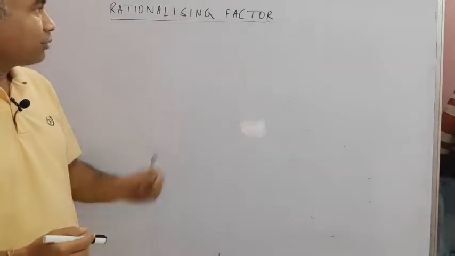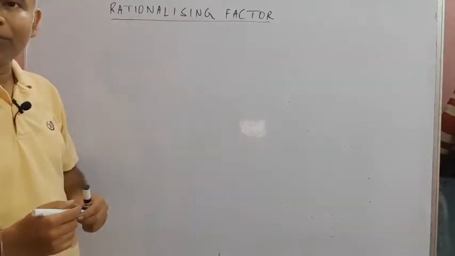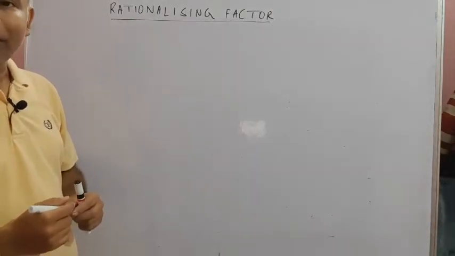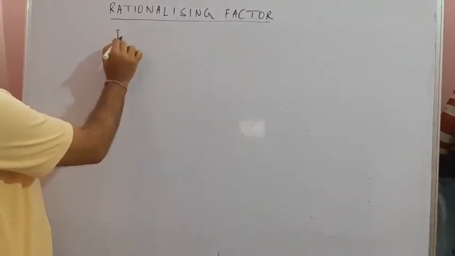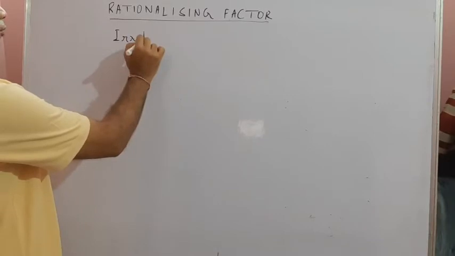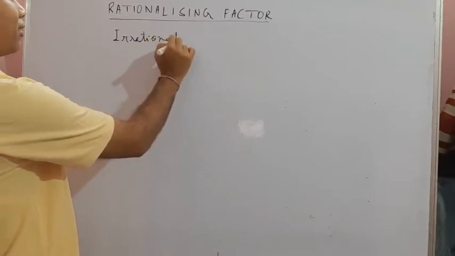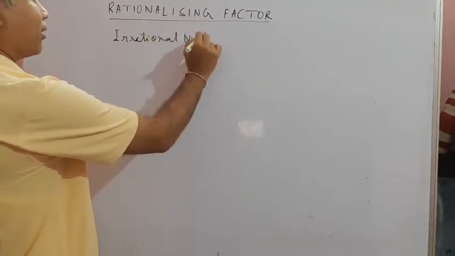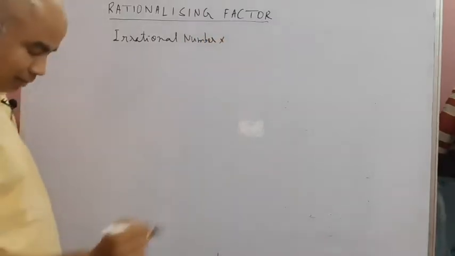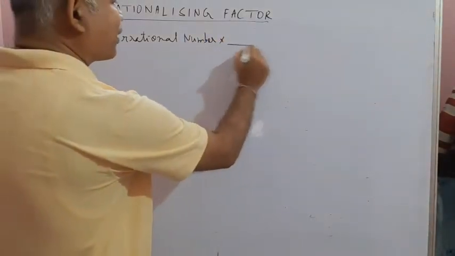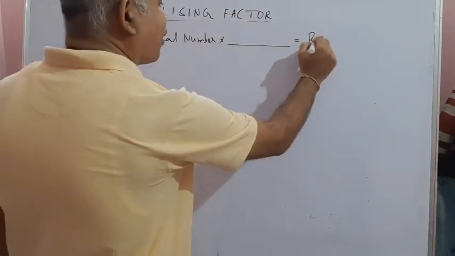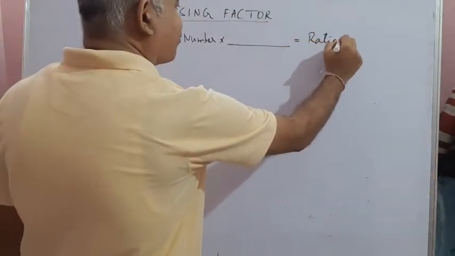So students, what is the meaning of rationalizing factor? Say one irrational number is given to you, and you multiply this irrational number by something so that it converts to a rational number.